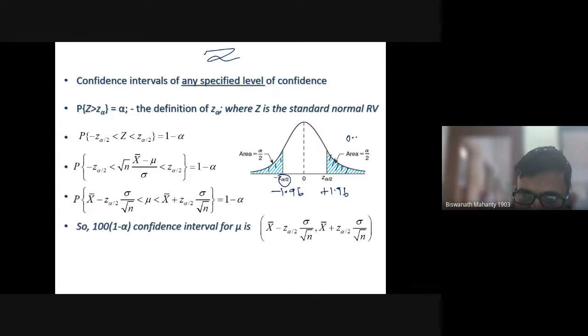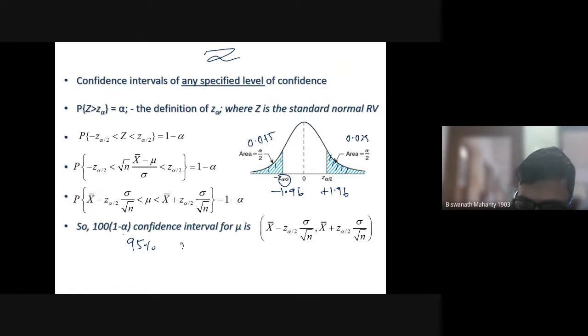So 0.025, this area is 0.025. So basically they are telling in terms of alpha, 1 minus alpha, the same concept is coming. You see, when I'm talking about 90% confidence, or for example 95% confidence, that means how much remaining percentage? 5%.